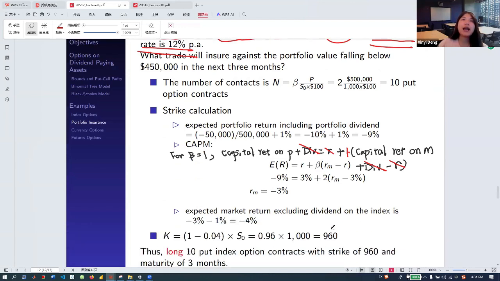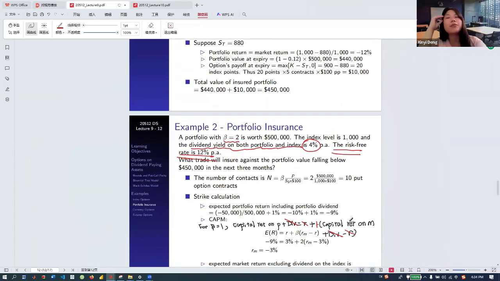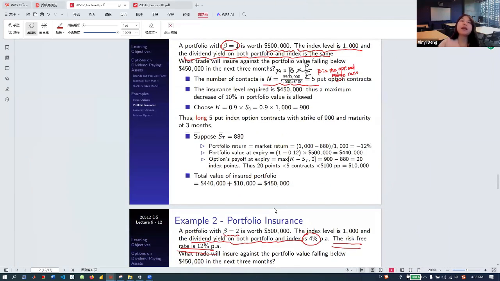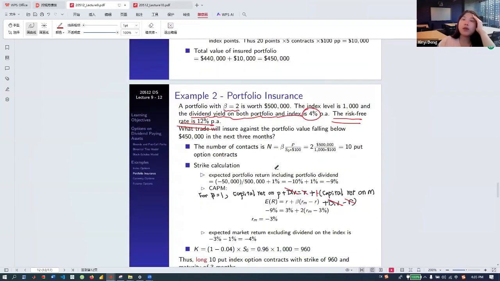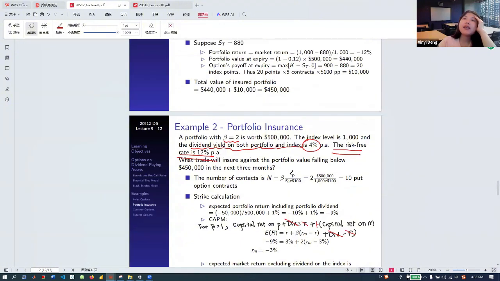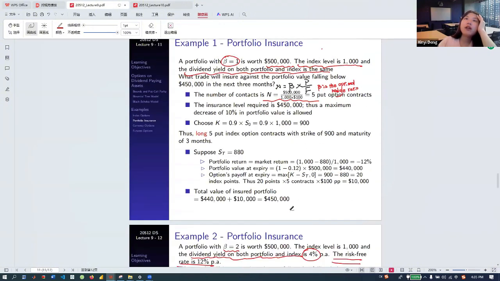Again it's asking us what trade will ensure against the portfolio value falling below $450,000, so again just a 10% maximum loss in the next 3 months. Because beta is equal to 2, now the dividend yield will affect the strike price. So let me show you guys how.